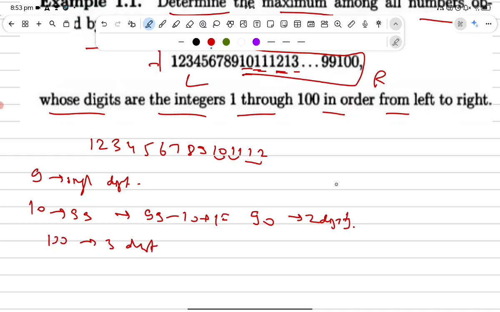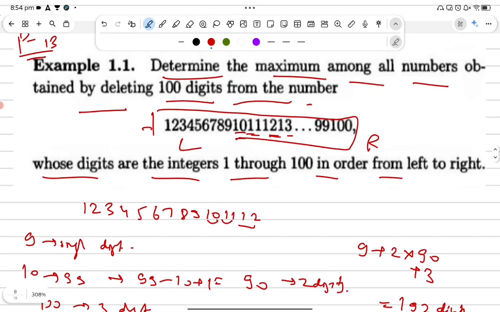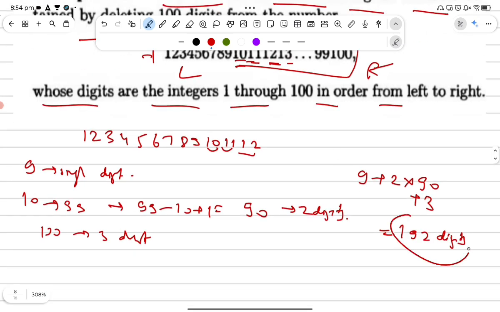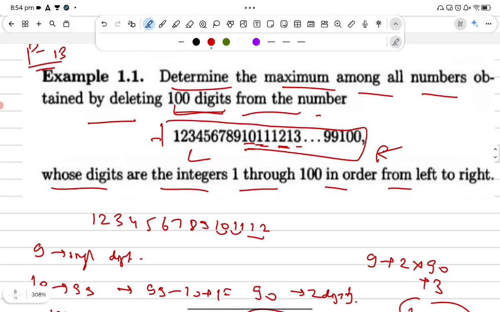So in total, we are going to have 9 plus 2 into 90 plus 3. How much is that? 192 digits. This number has 192 digits. The problem says you're supposed to delete 100 digits from the number. So once you delete 100 digits, you'll be left with 92 digits. Now in all possible arrangements, you have to determine the maximum of it.